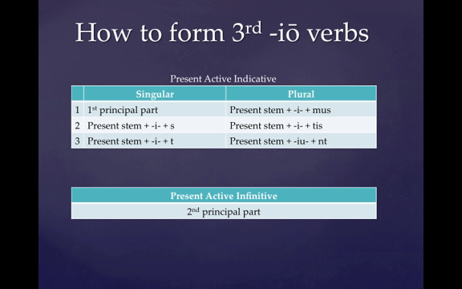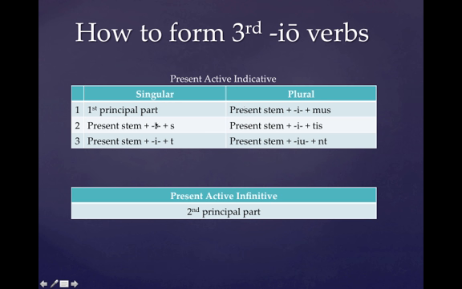Okay. In this slide, I show you the process of how to form a third IO in the present active indicative and the present active infinitive. As always, the first person singular present active indicative right here is the first principal part. After that, you need the present stem.